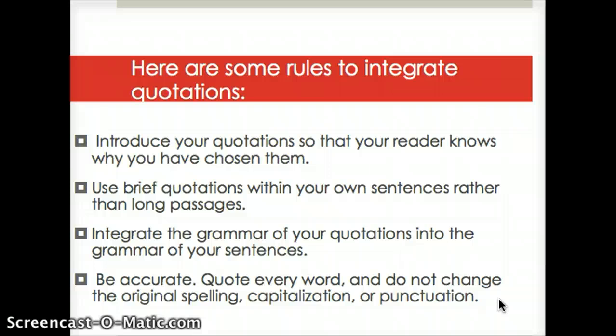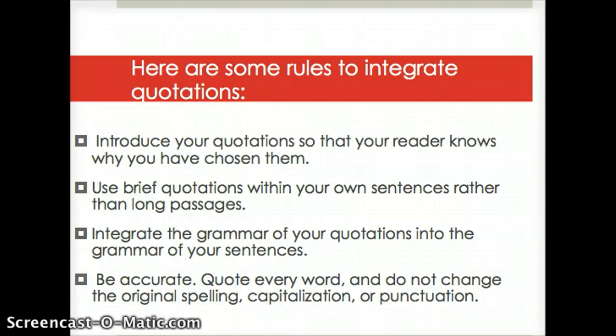If you're taking a direct quotation from somewhere else, you have to put it in quotation marks and then use a parenthetical citation at the end of the sentence, citing the author of that quote. This is an important part of being an academic and writing at an academic level: to give credit to all your sources and use textual evidence in your papers.